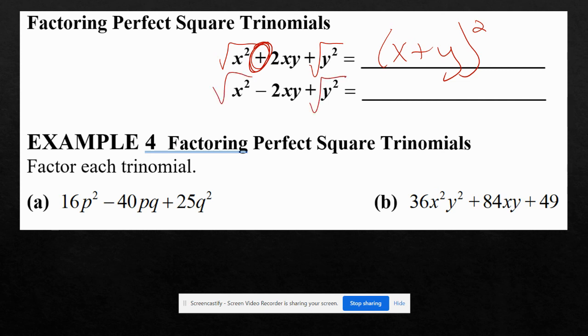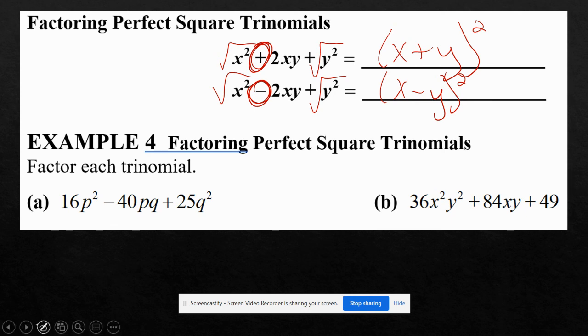And then the same thing with this one, but because the middle term is subtracted, it would be x minus y squared. Again, this is a shortcut, and you do not have to use it.